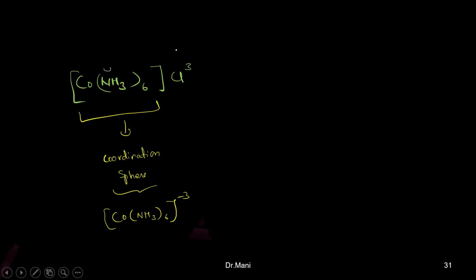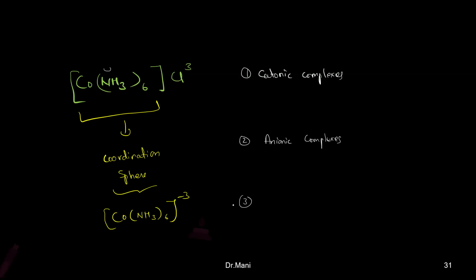This coordination sphere can be three types. One is cationic complexes, or anionic complexes, or neutral complexes. Okay, so these are the three: cationic complexes, anionic complexes, neutral complexes.